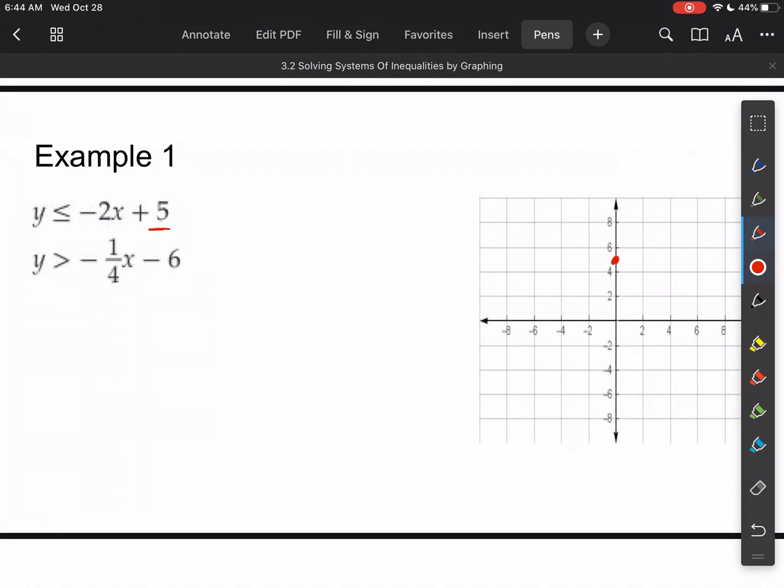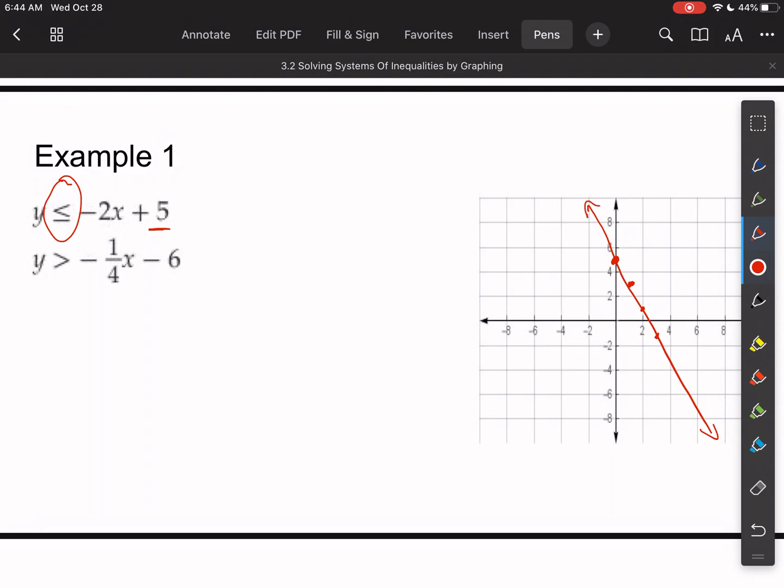So I'm going to go down 2 over 1 and I'll be there, and down 2 over 1 again, and again. So I have that type of line. I look back here, I see that this has an or equal to, so this is a solid line. So I'm going to draw in the solid line.